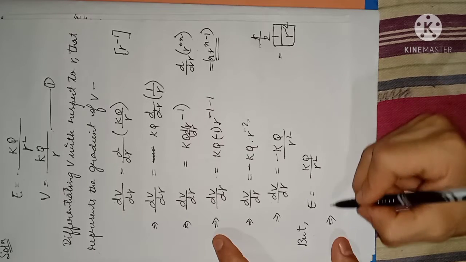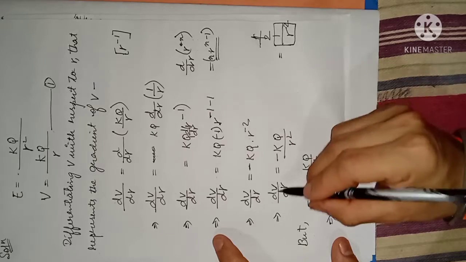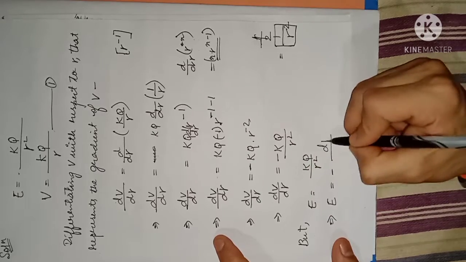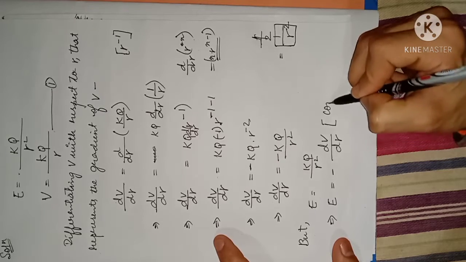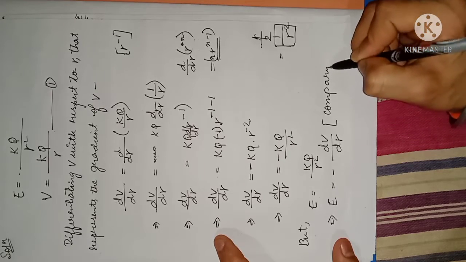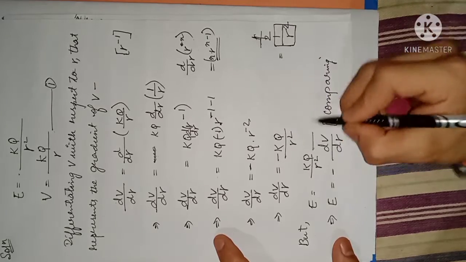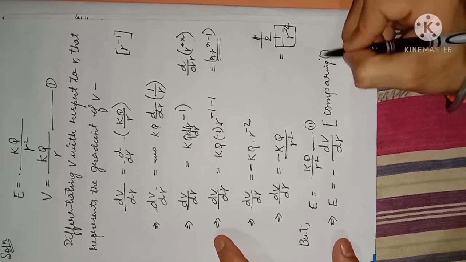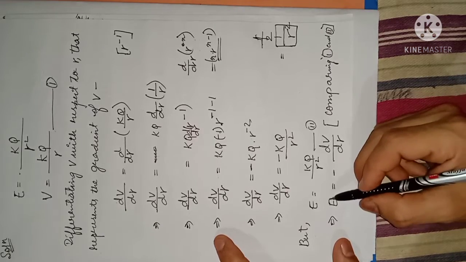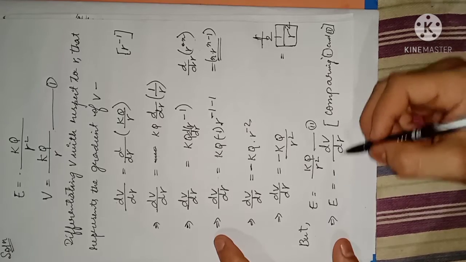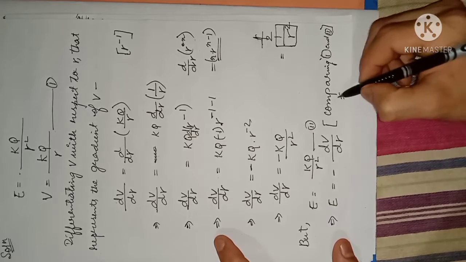Comparing equation 1 and 2, we can write electric field is equal to minus dV by dr. This is the required relation.